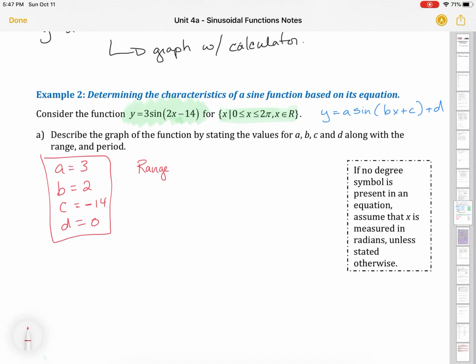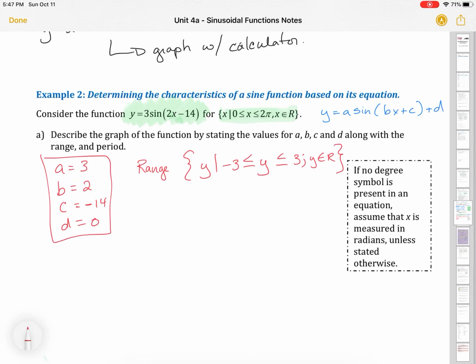So the range, using our formula, y is greater than or equal to d minus a, so 0 minus a, so -3, and less than or equal to d plus a, so 0 plus 3, and y is in the set of reals.